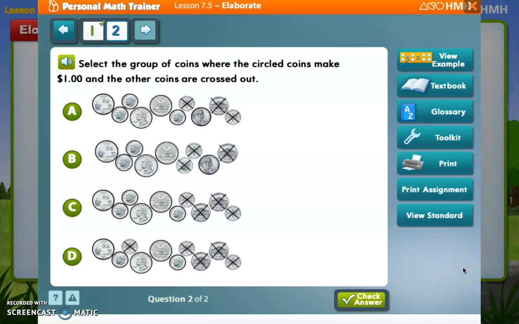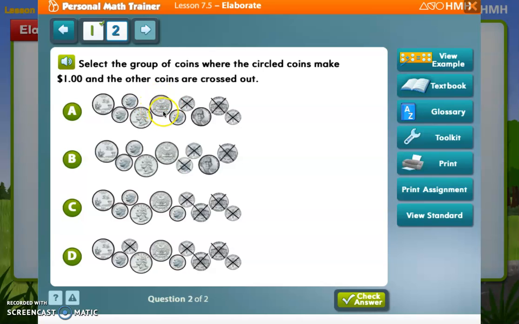Okay, so then the next one says, select the group of coins where the circled coins make $1 and the other coins are crossed out. Okay, so this is a little bit difficult to see, but we're going to work on it together. So the first one, again, we're trying to make $1 with the coins that are not X'd out. Here I see a quarter, so 25 cents. I see another quarter right here, so that would be 50 cents.